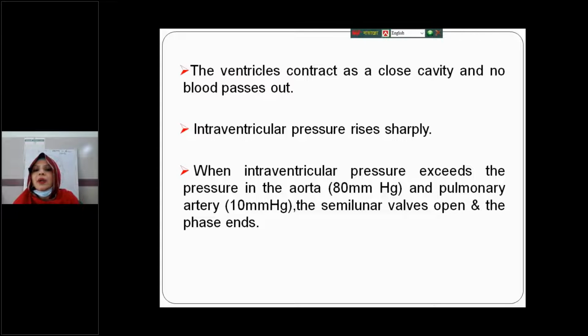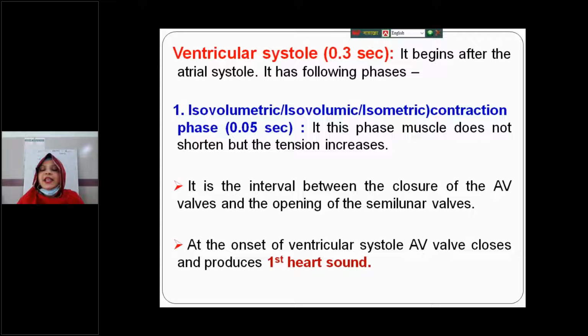This is the first phase of ventricular systole, that is the isometric contraction phase, or isovolumetric or isovolumic contraction phase.